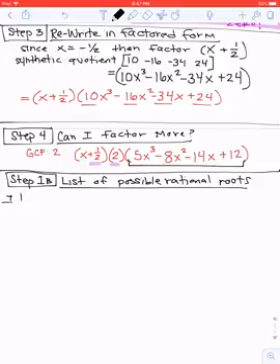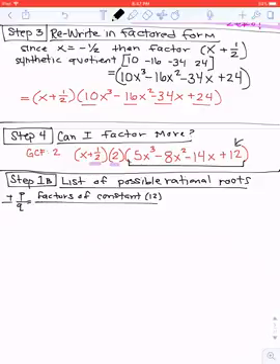So plus or minus P over Q, which represents the factors of the constant, which is still, let's see, we got a 12 there. That's our constant. And then the factors of your lead coefficient, which is right here, our 5.